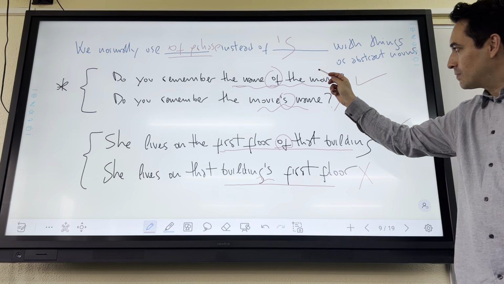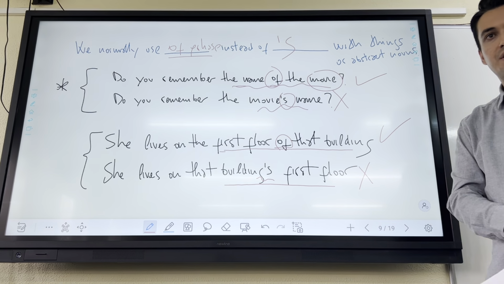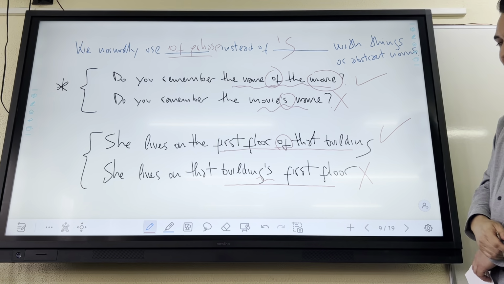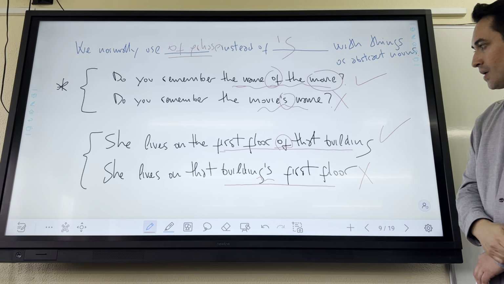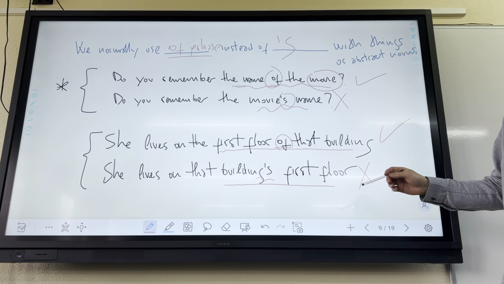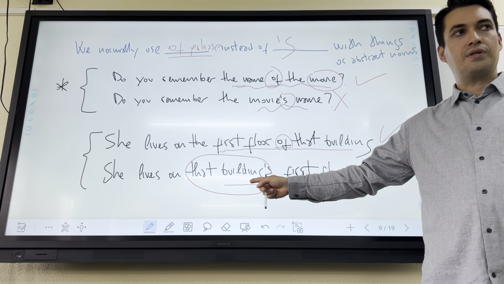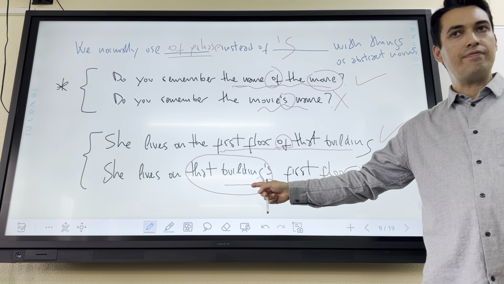So, movie. Is this a person? Is it alive? No, it's a thing or an abstract noun. The first floor of that building. Is this a person? Is this an animal? Is this alive?